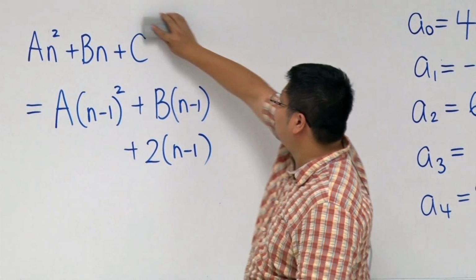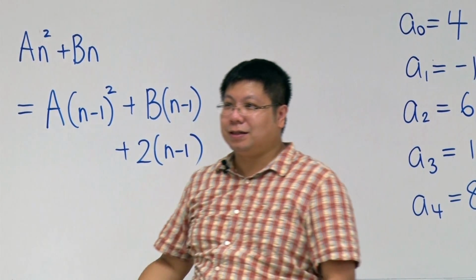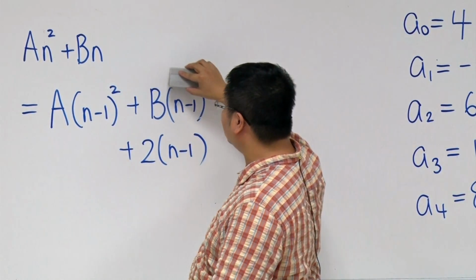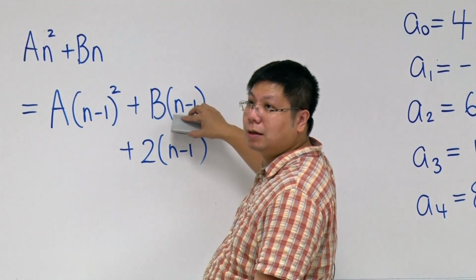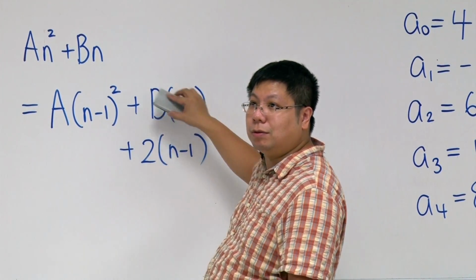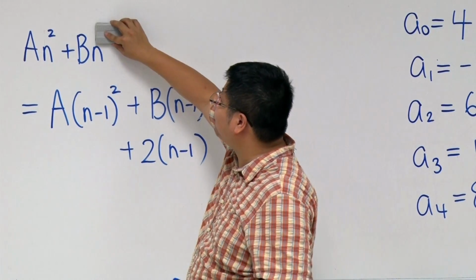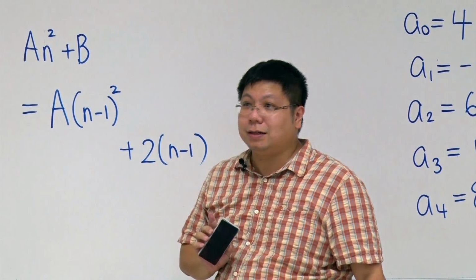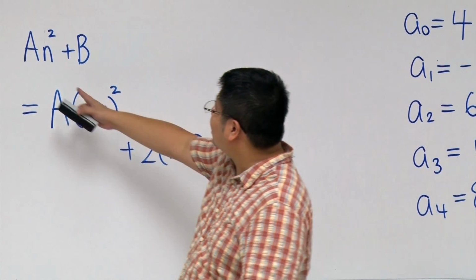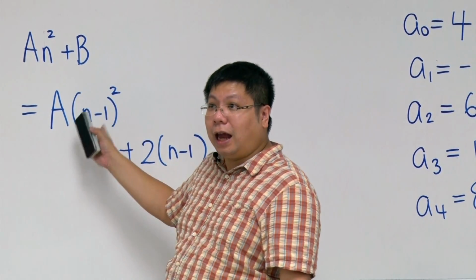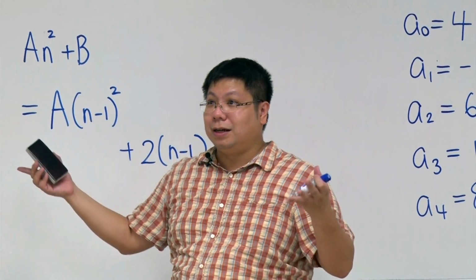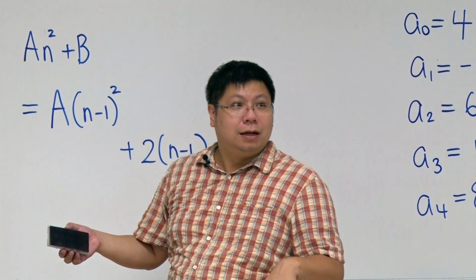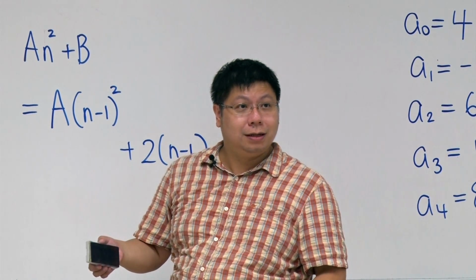So c can be any number. So c doesn't matter. And then how about this bn minus b(n minus 1)? Then you have bn, so you have a b left here. Am I correct? Is it okay? How about this one? This is an squared. This is a(n minus 1) squared. So it is going to be what? a times 2n minus 1 left.